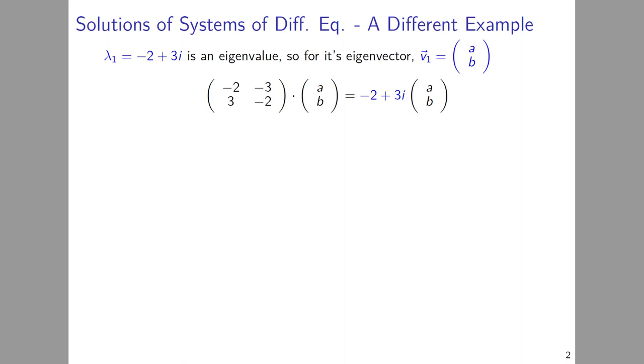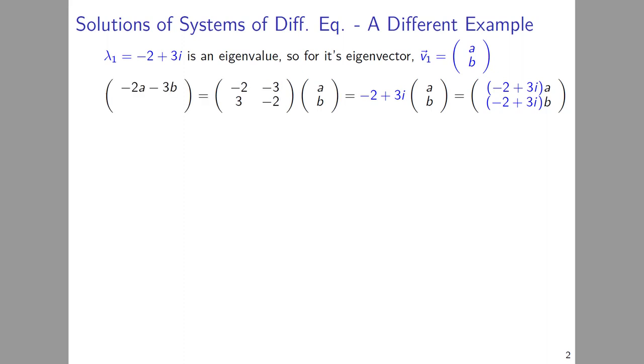So we'll have [[-2, -3], [3, -2]] times the vector (a, b) equal to (-2 + 3i) times (a, b). Multiplying our eigenvalue in on the right-hand side, we'll have (-2 + 3i)a and (-2 + 3i)b. On the left-hand side, doing our matrix multiplication, we'll have -2a - 3b and 3a - 2b.